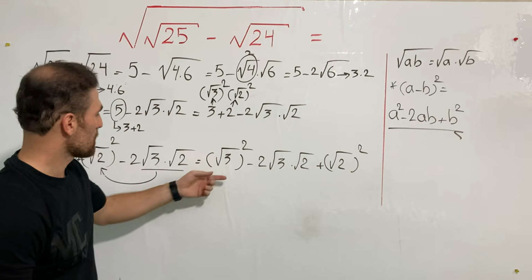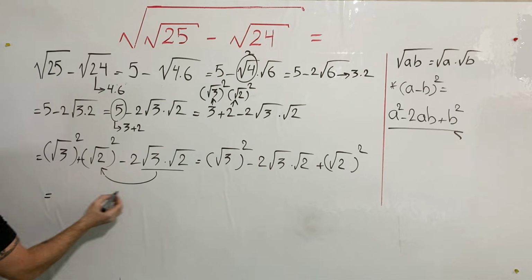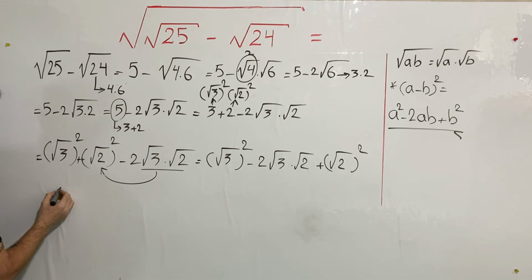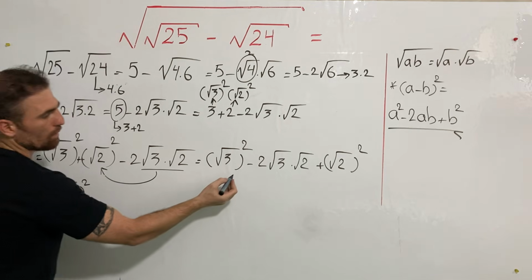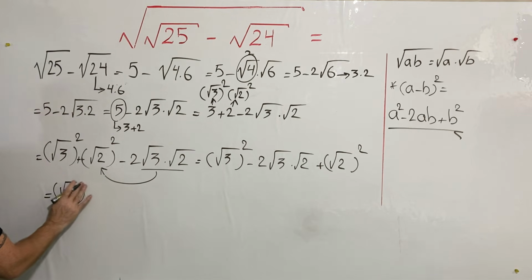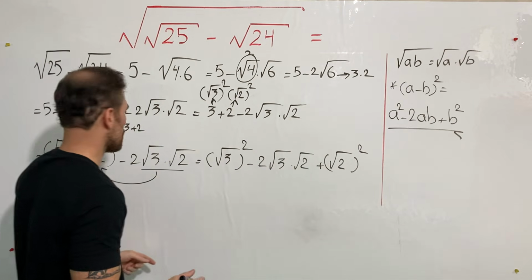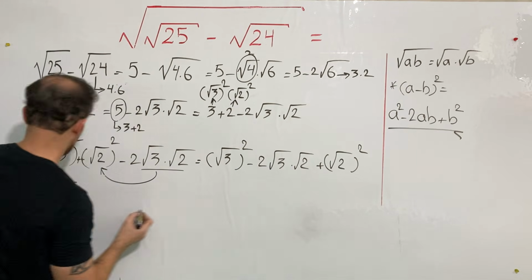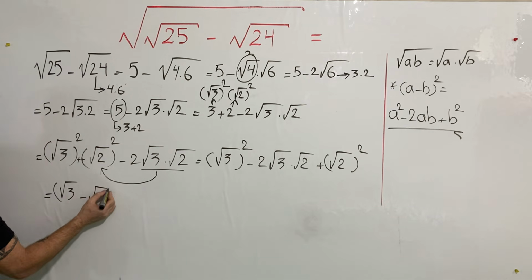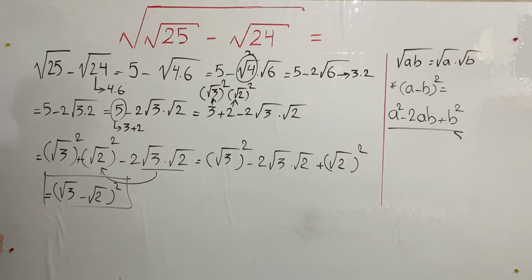So this expression is going to be first term minus second term squared. Until here we did it well.